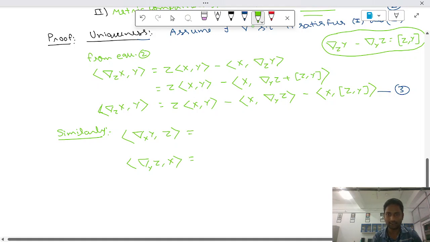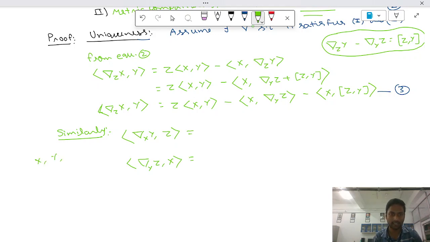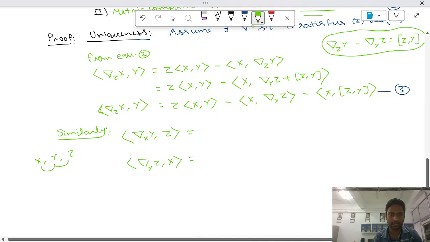You can see it's simply a cycle. First you go x, y, z, then y, z, x, and then z, x, y. Using the third equation in a similar fashion, you just simply replace x, y, z accordingly.